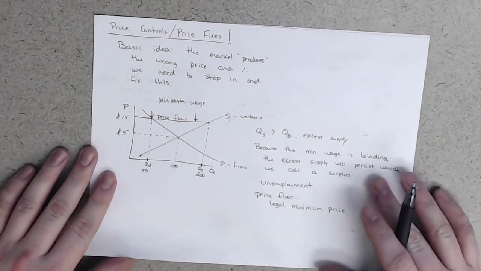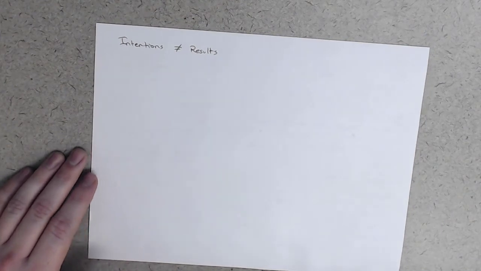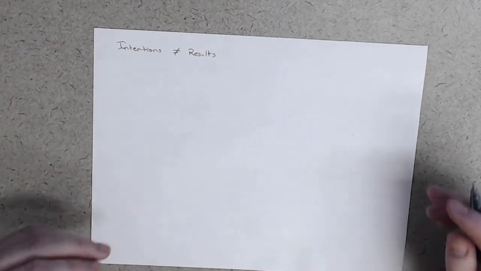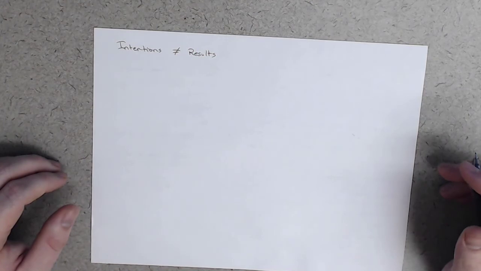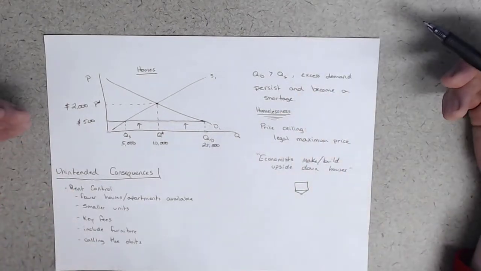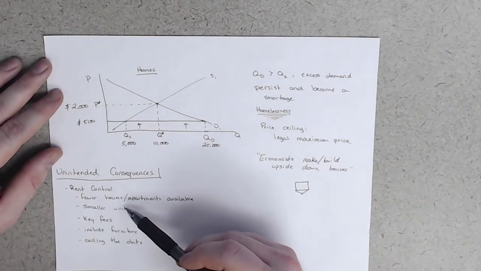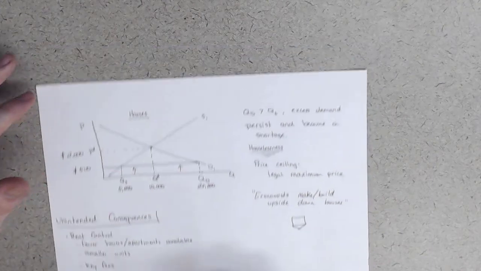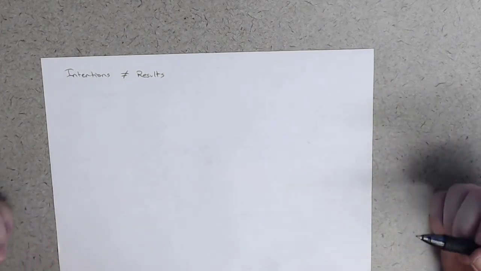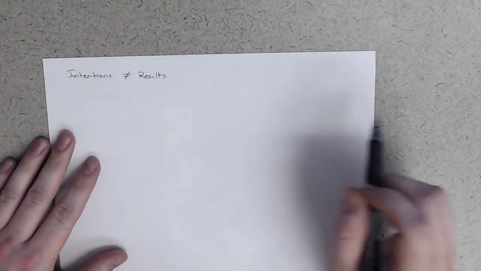But an unintended consequence, which I'm sure Andrew Cuomo doesn't want to happen, is that people will have a harder time finding jobs. And the "rent is too damn high" guy wants to make rent more affordable, but he doesn't want these things to happen. So these are unintended consequences. These people intend to do one thing, but the result is a different thing.